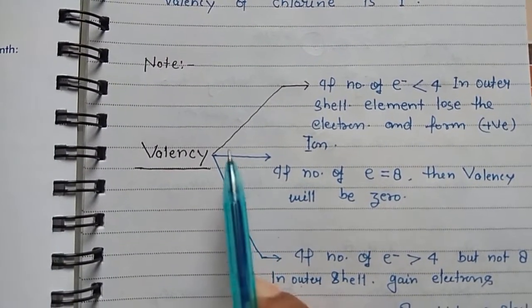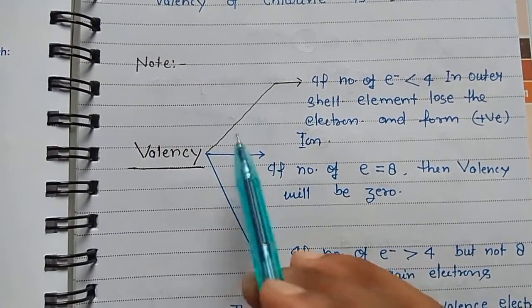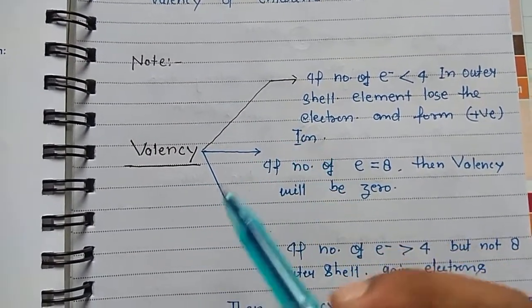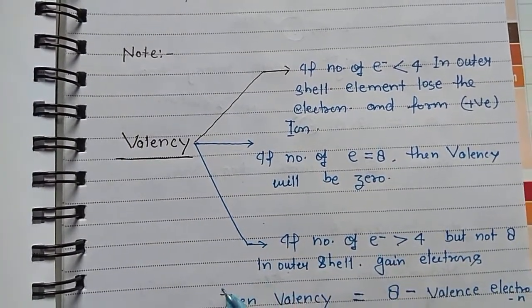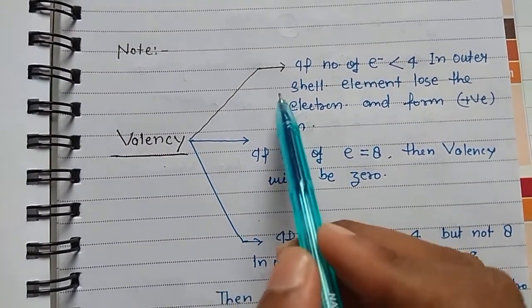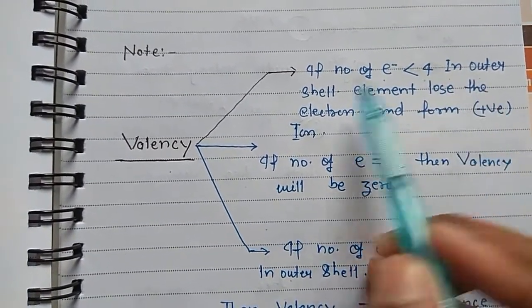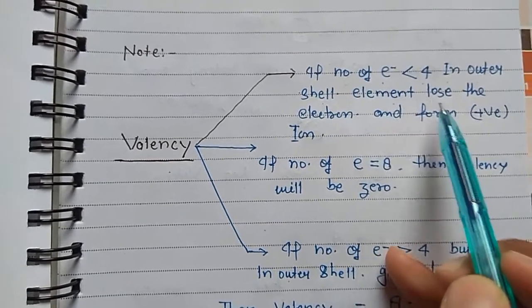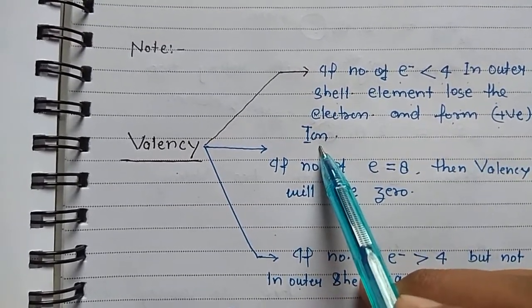But a problem is created when you study valency. First is, how will you identify whether an atom loses or gains electrons? So the first point is, if the number of electrons in the outer cell is less than 4, then the element loses the electrons and forms a positive ion.